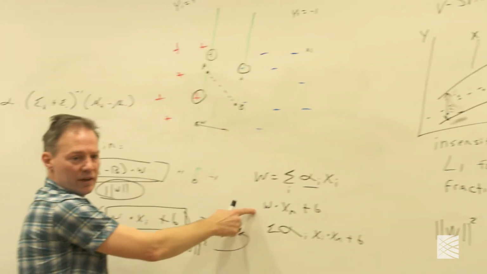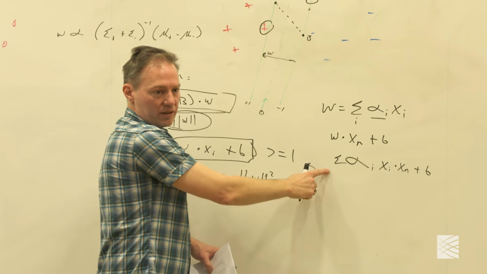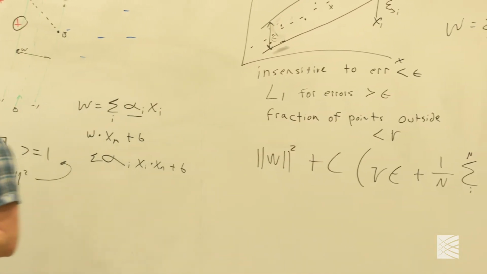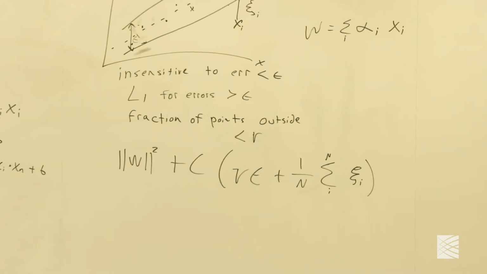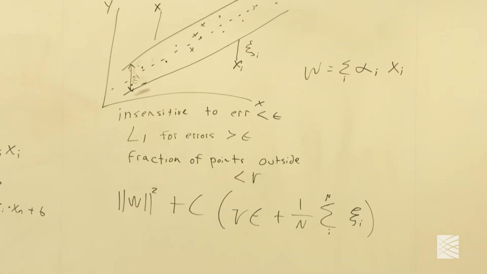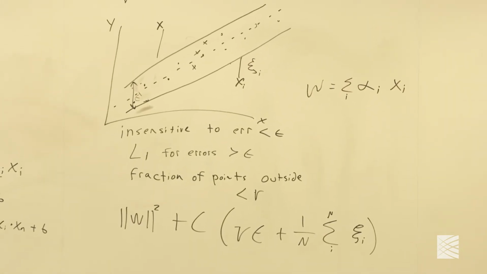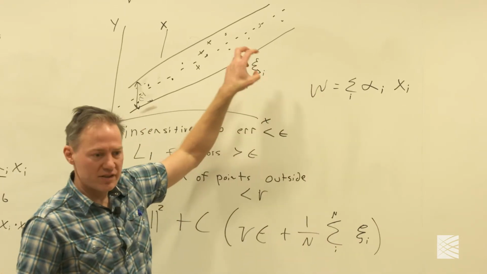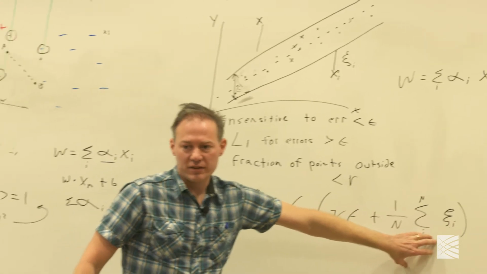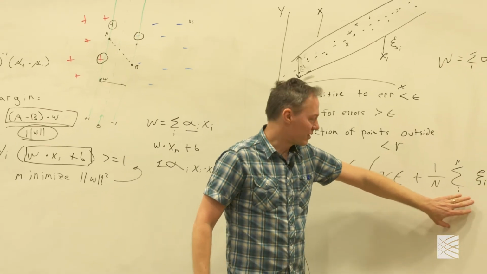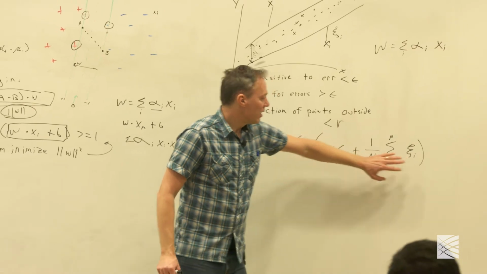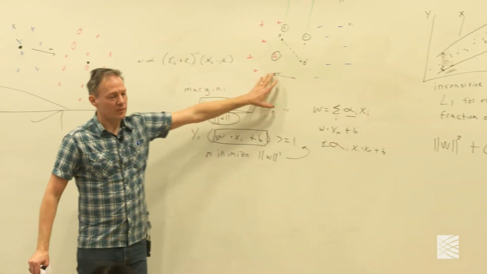And just like before, we only need to use dot products. Same thing for the solution here. We only ever needed to use dot products. And so that's where we finally get to the kernel trick. Oh, and I wanted to also introduce this idea of the slack variables, for outside the tube. I wanted to show this, although it's a little bit complicated, because it'll happen here as well.